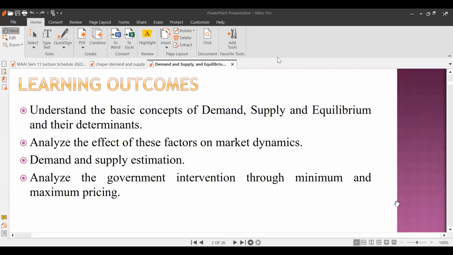Then demand and supply estimation, as well as government intervention using different tools like minimum and maximum pricing, the price ceiling and price floor, the imposing of taxes, and import taxes like that.